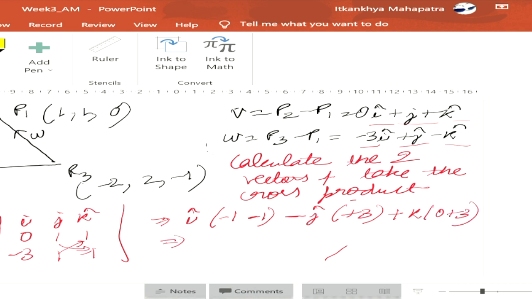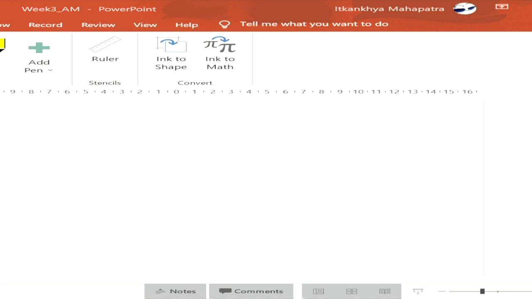This will become minus 2 i cap minus 3 j cap plus 3 k cap.